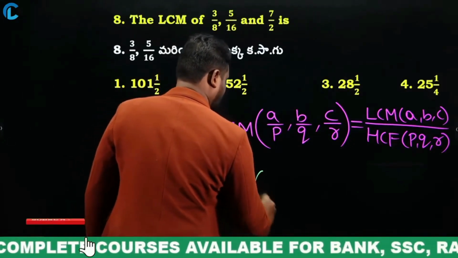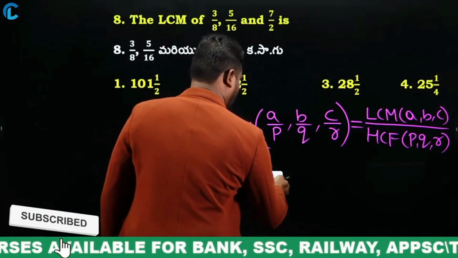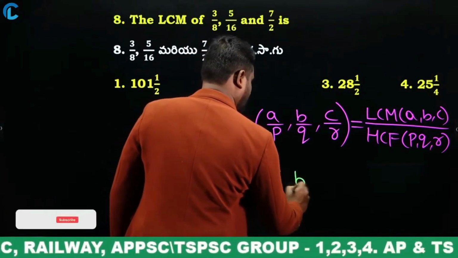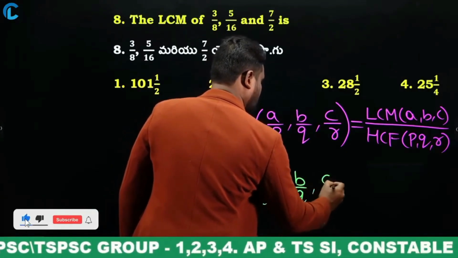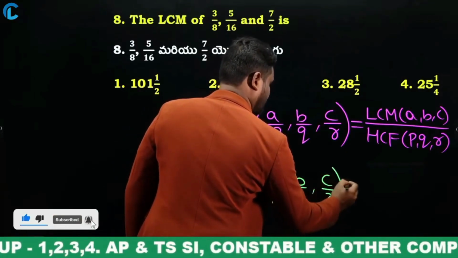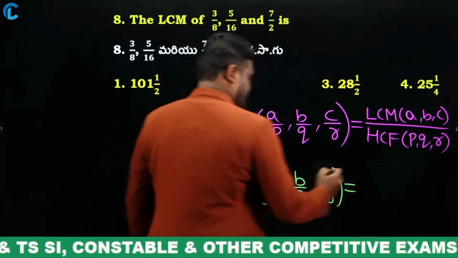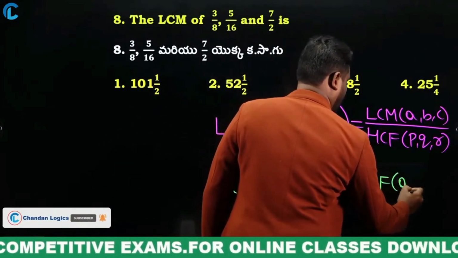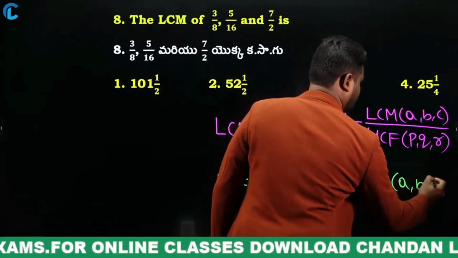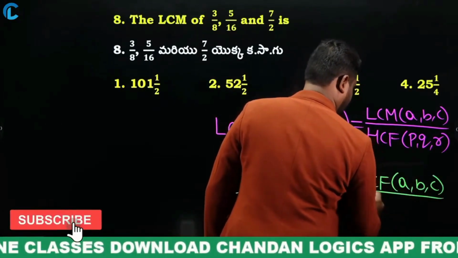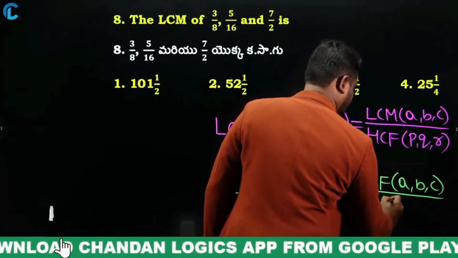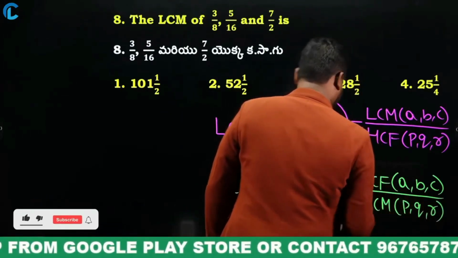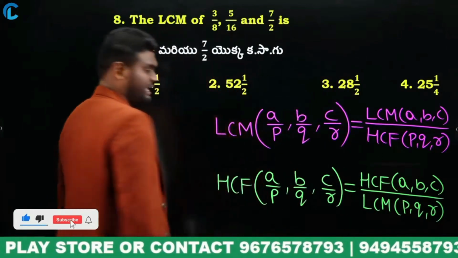Similarly, HCF of fractions: HCF of A by P, B by Q, C by R. It is nothing but HCF of A, B, C divided by LCM of P, Q, R. Is that clear?